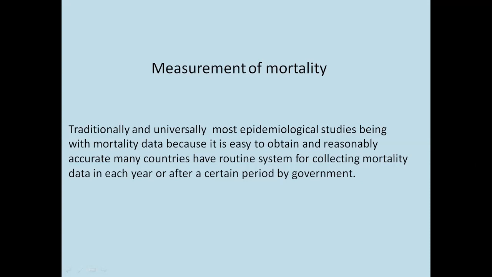Traditionally and universally, most epidemiological studies begin with mortality data because it is easy to obtain and reasonably accurate in many countries, because they have a routine system for collecting mortality data each year or after a certain period by the government. So measurement of mortality, in comparison to measurement of morbidity, is much easier and simpler.